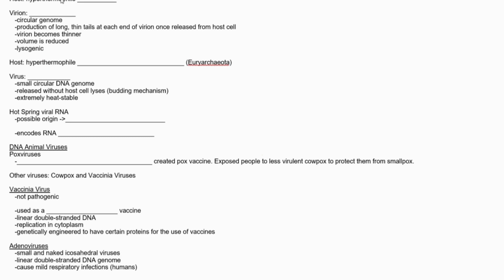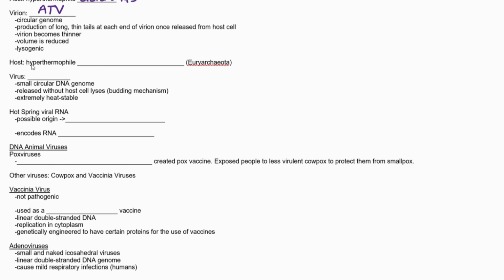Our second host is hyperthermophile Acidianus. The virion is ATV. It has a circular genome, production of long, thin tail at each end of the virion once released from the host cell. The virion becomes thinner, the volume is reduced, and has a lysogenic cycle.